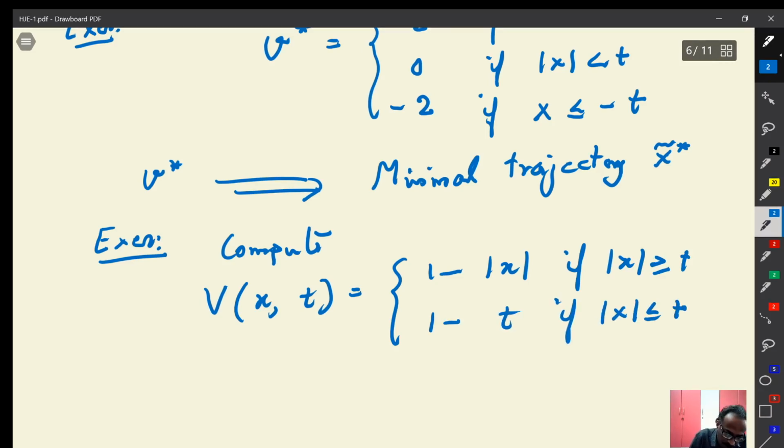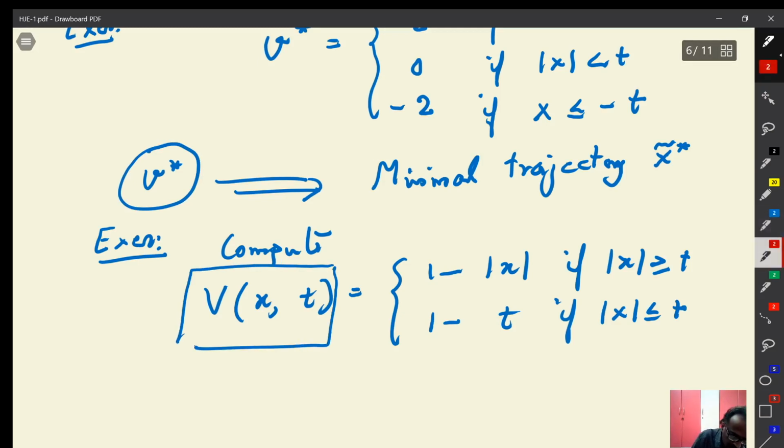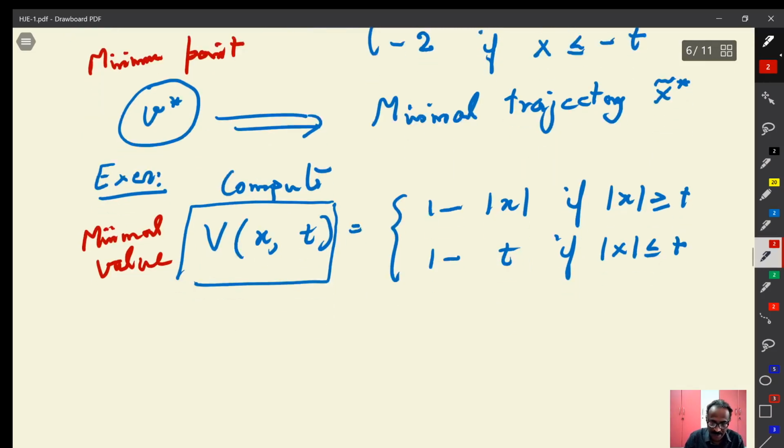So this is the minimum point and this is the minimum value. Okay, this is the minimum point, this is the minimal value. So you get it.